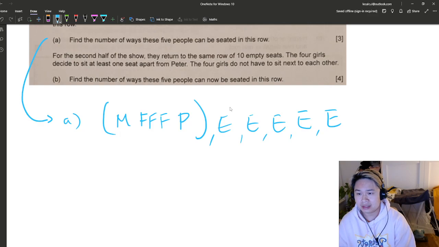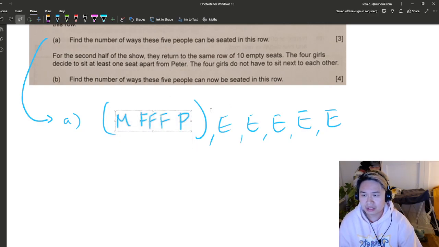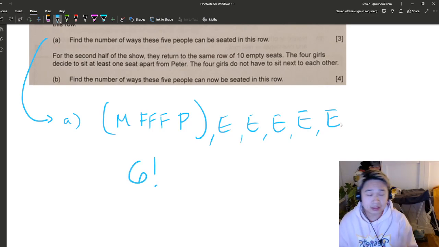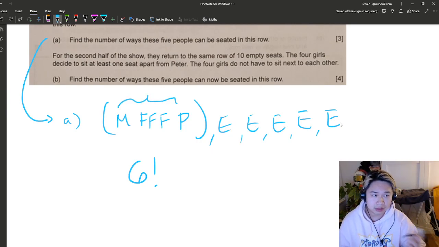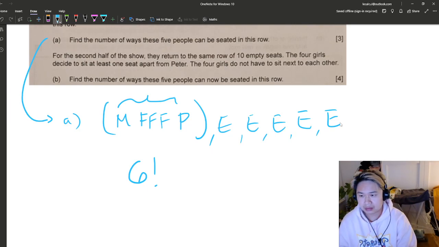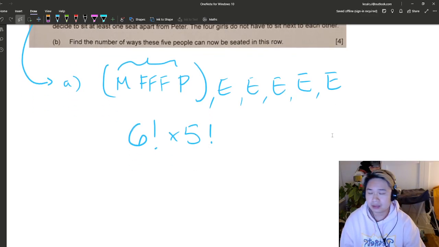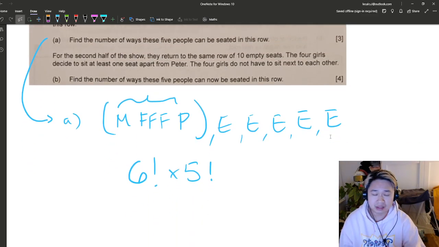So this is 1, 2, 3, 4, 5, 6 items or seats or whatever you want to think about it, that you need to arrange. So this is 6 factorial. But within the group, they can sit in whichever order that they want. So there's 5 people in this group, so we need to multiply the arrangement of your items with the arrangements of the group. There's 5 people in the group, so multiply this by 5 factorial. And then I'm just going to leave it like that.